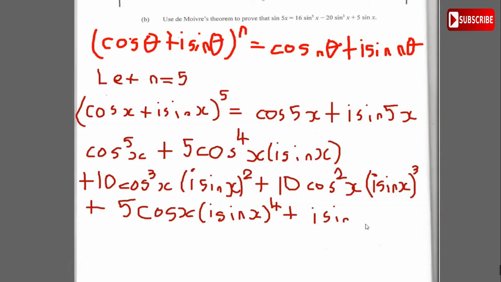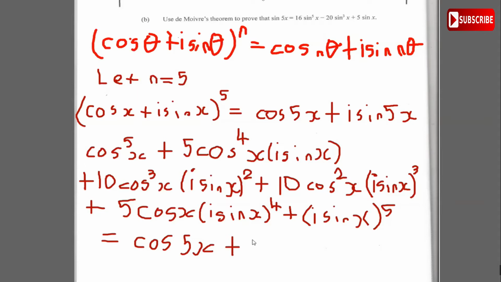I know this is a very big expansion to do. It's very huge. And all of this, remember, is equal to cos 5x plus i sine 5x.